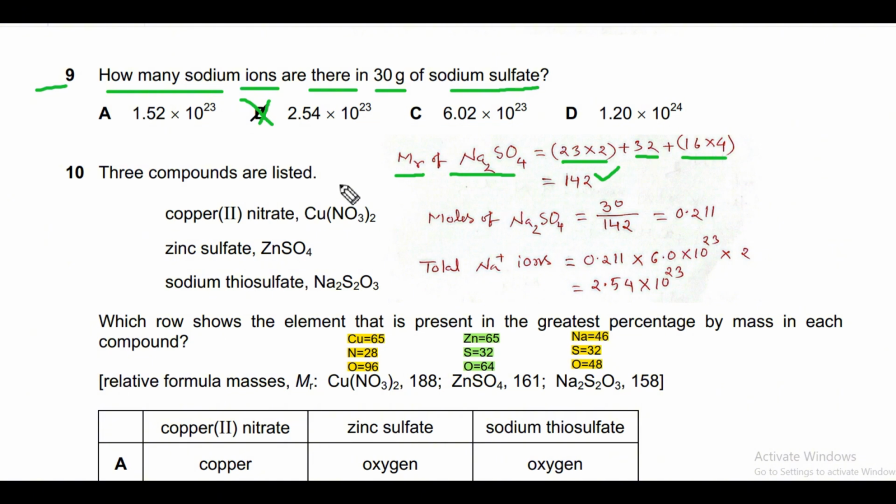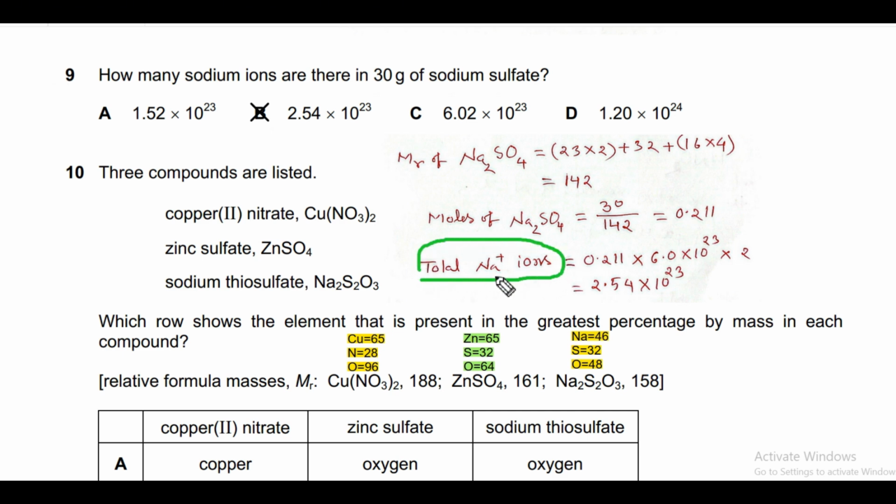At first you find the moles of sodium sulfate, mass divided by relative molar mass, 0.211. Then total number of sodium ions equals number of moles times Avogadro constant times number of ions of that substance. Sodium sulfate contains 2 sodium ions, that's why multiply by 2. If you calculate, you will get 2.54 times 10 to the power 23. So the correct answer is B.